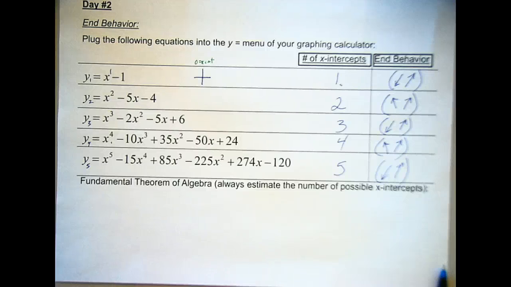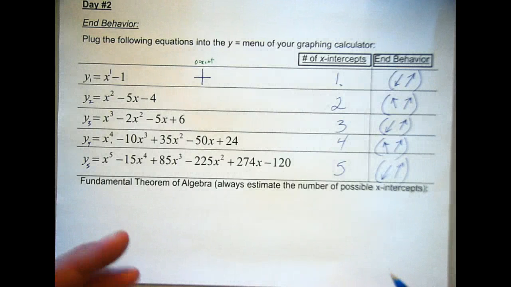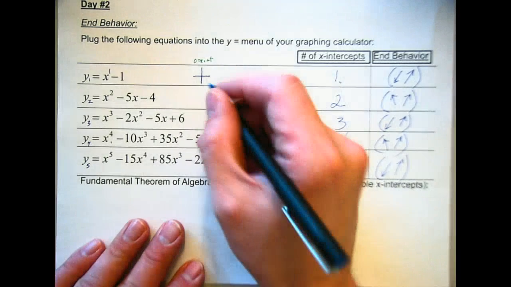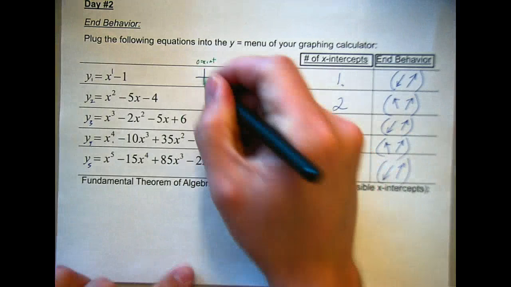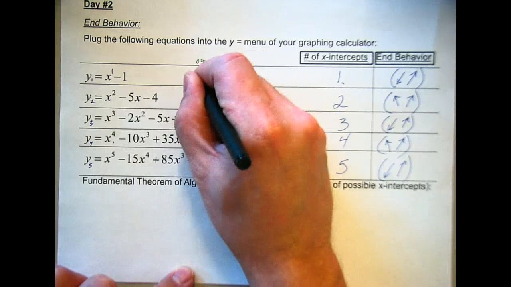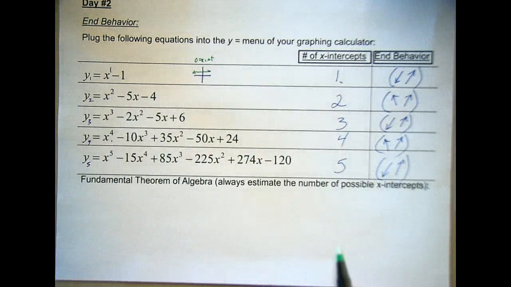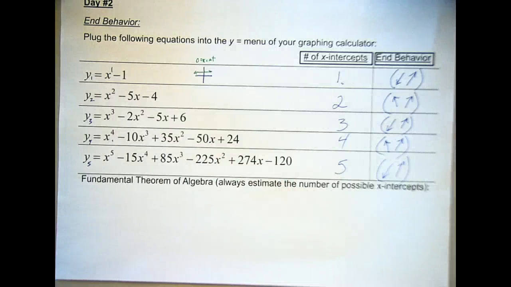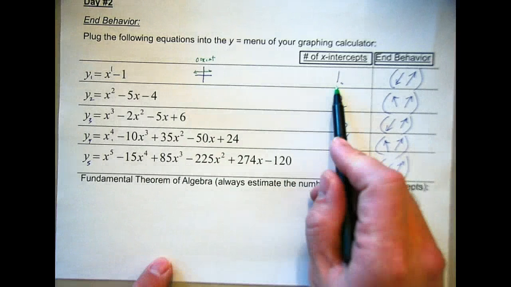Okay, yeah, you could have y equals 1, right? Not x equals 1. X equals 1 would actually cross at 1. But if you had a line that ran parallel to the x-axis, a y equals, without an x in there, that's 0 x-intercepts. So you could have 1 or 0.